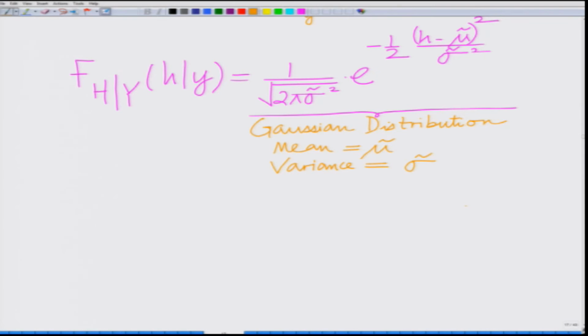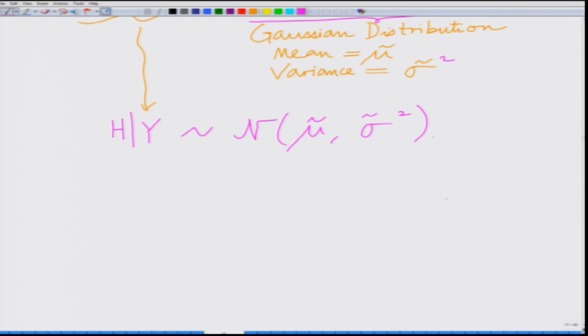Therefore, what you can say is that the posterior, remember this is also known as the posterior probability, the conditional probability density function of the parameter h given the observation y, also the a posteriori probability density function, is Gaussian. So, h given y is Gaussian distributed with mean mu tilde and variance sigma tilde squared.